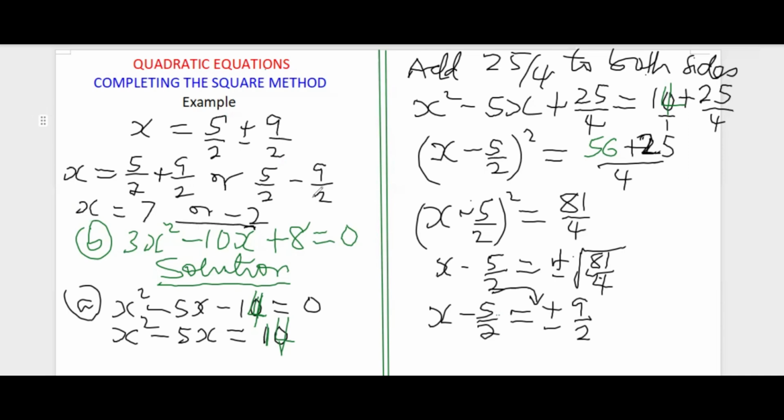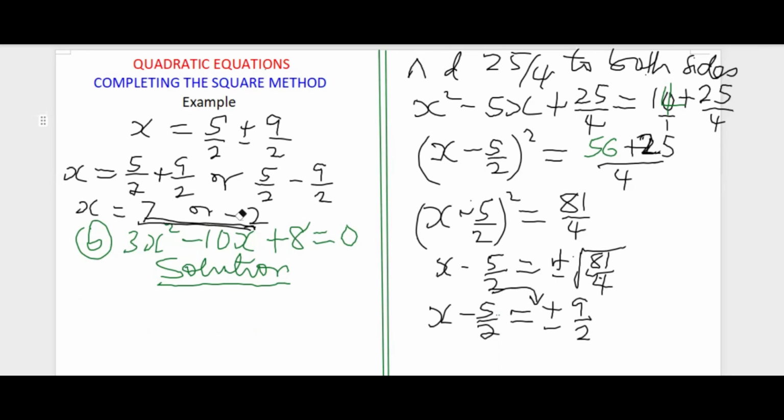So we have this answer, 7 or -2 as the answer. We'll quickly go to B and have it solved as well using completing the square method.